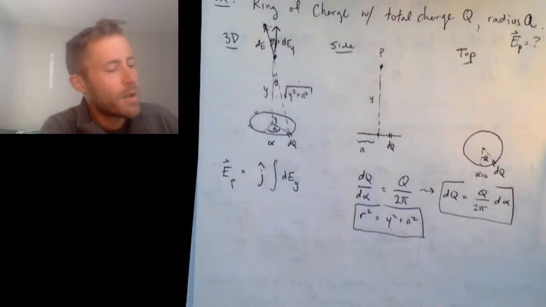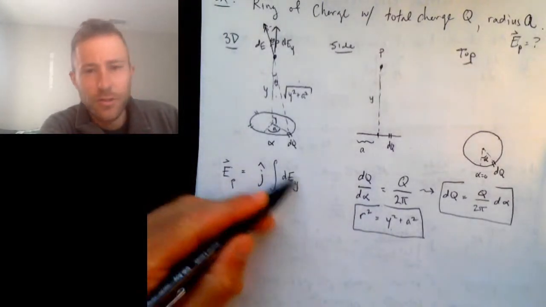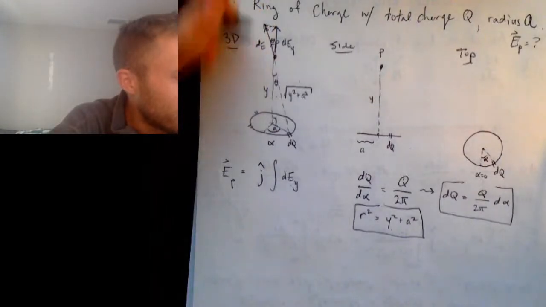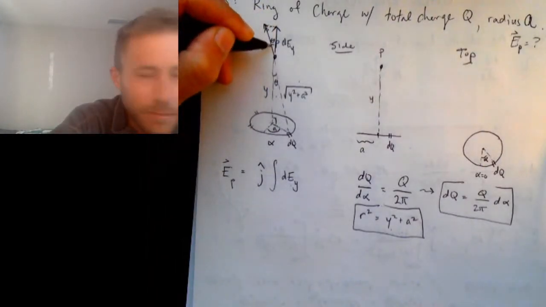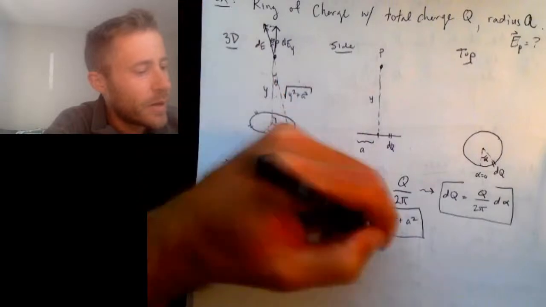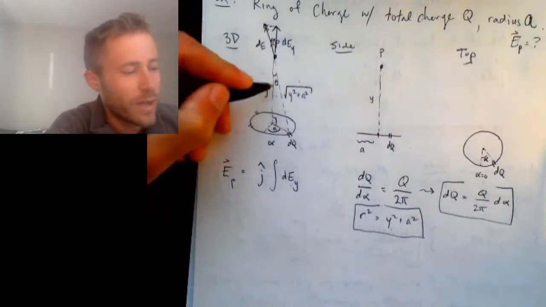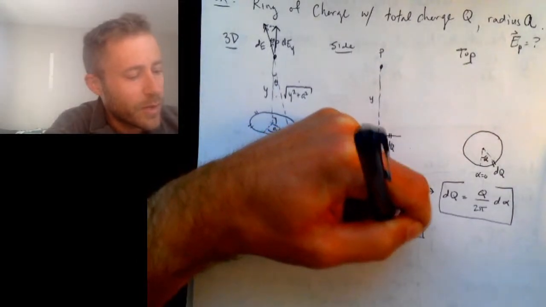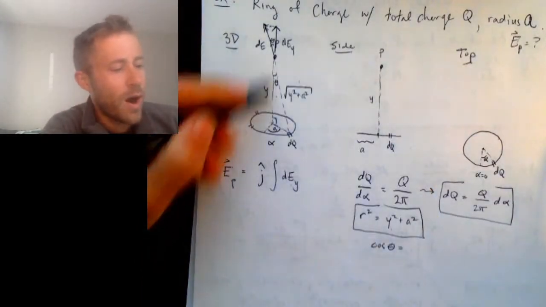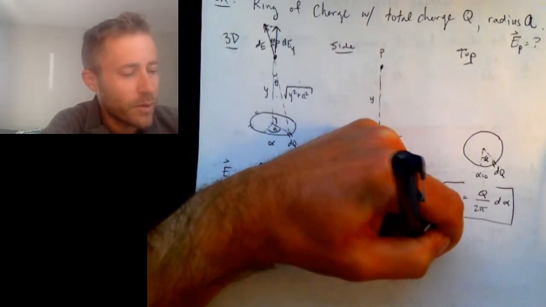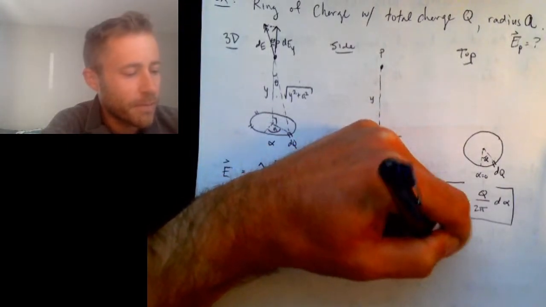Okay? And then because it's the y component, we want to multiply dE by cosine of theta. All right? And so because these are vertical angles, cosine of theta is equal to y over hypotenuse, y over square root of y squared plus a squared.